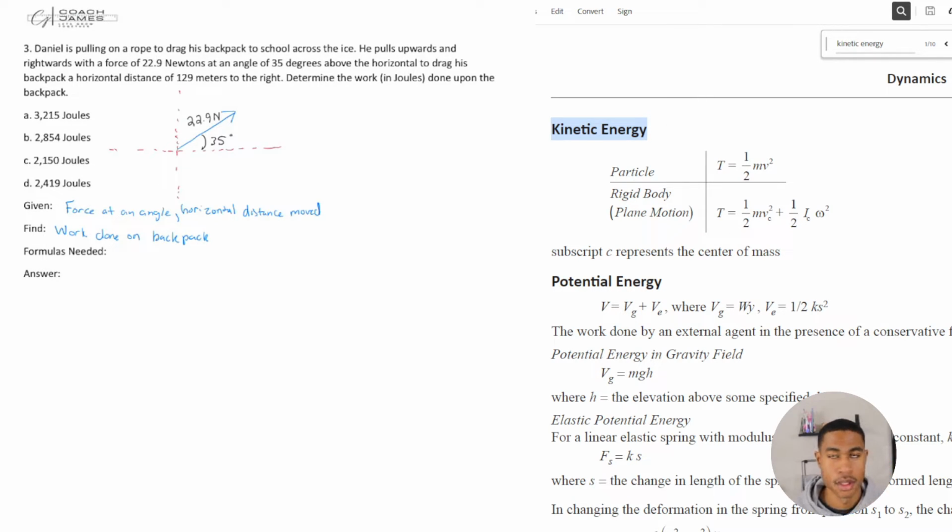Okay, so I also want to draw out where this backpack ends up. So from here to here is 129 meters.